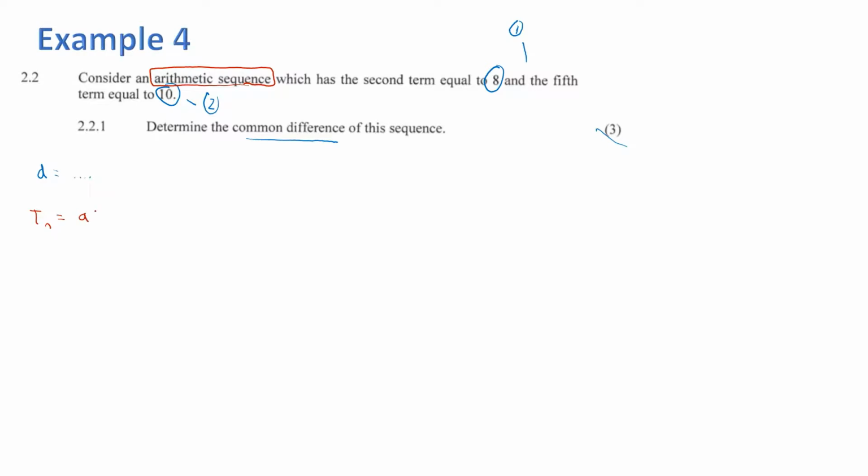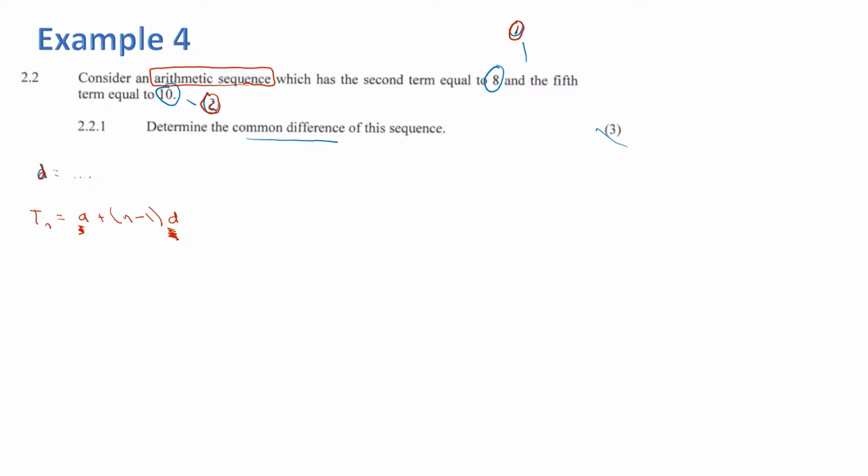Tn equals A plus n minus 1 times D. This D. We have, therefore, in this equation, 2 unknowns, but we're also given 2 pieces of information. So we're going to solve this using simultaneous equations.